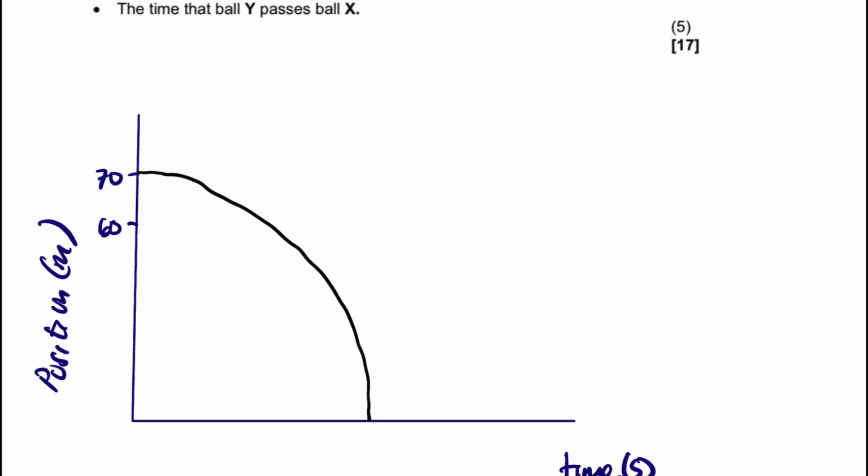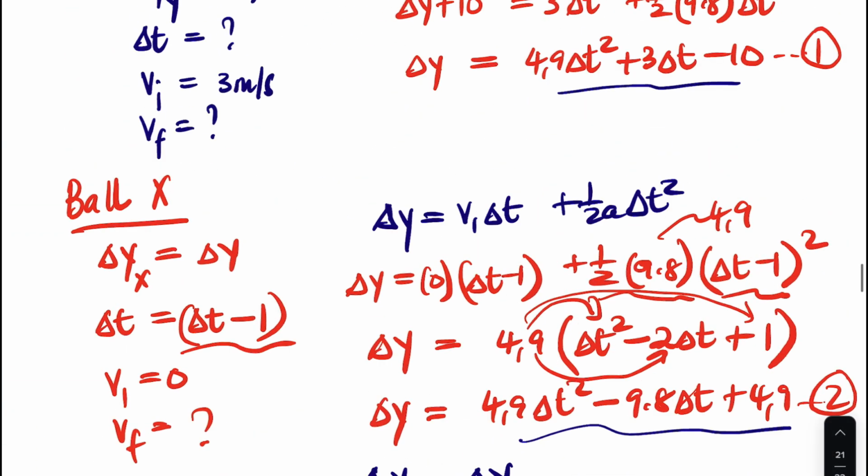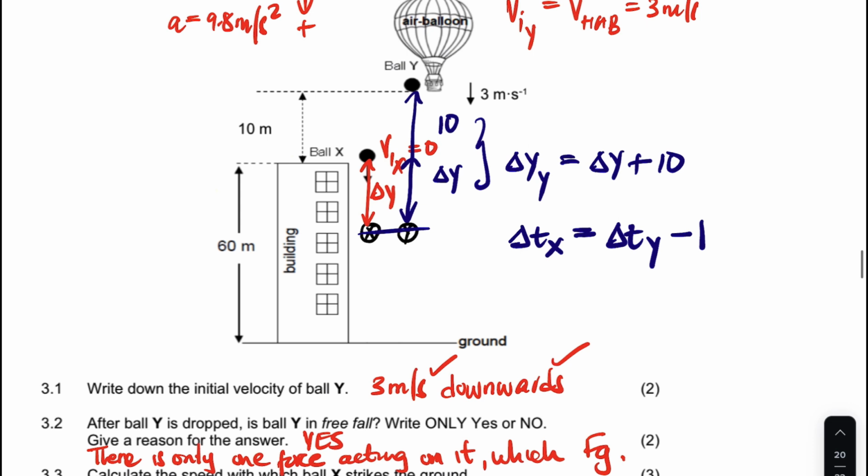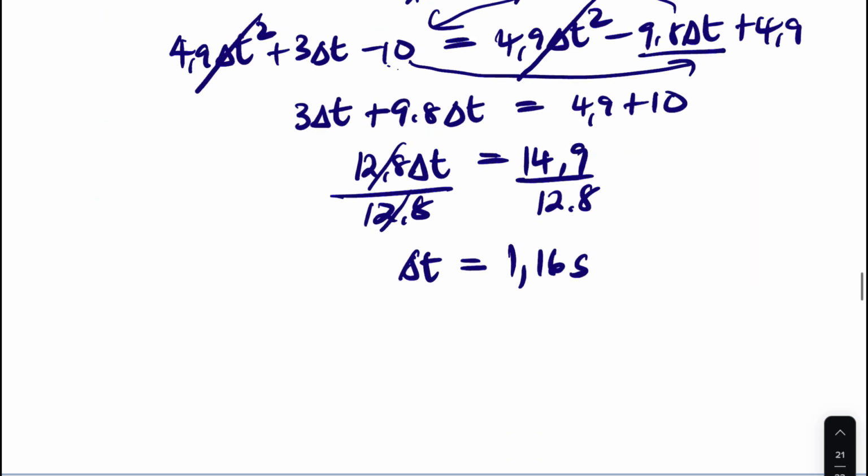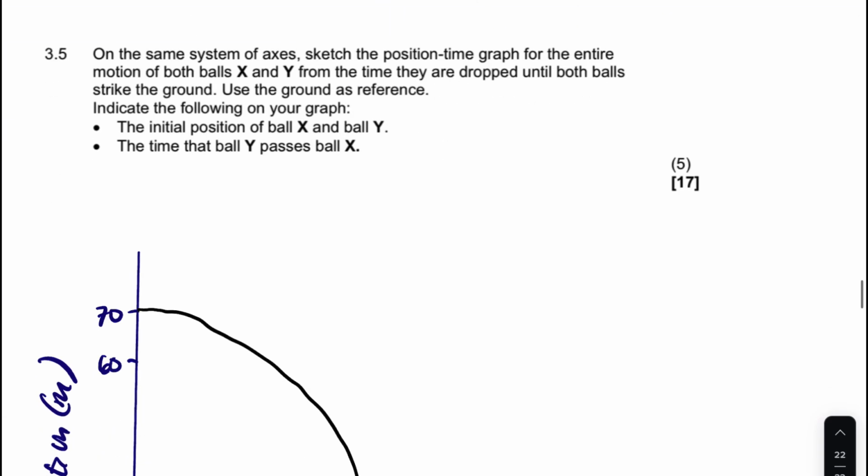And ball y, guys, is going to reach the ground before ball x, because ball x was thrown 1 second later and it's below. Even if it's below, it doesn't reach the ground first, because the catching up here, which is the middle, shows this one is faster. So that's the curve for y.